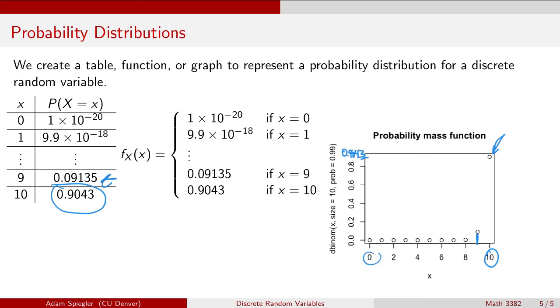And then for all of these values, 0, 1, 2, 3, you can see that the corresponding probability of getting x equals 0 or x equals 1 is essentially 0. So that's why all of these points over here are very hard to read, because they're all basically 0. It isn't until we get about 9 or 10 good batteries that the odds are pretty high, and we can actually distinguish those points on the graph. Here was the one for 9, and here was the point for 10.